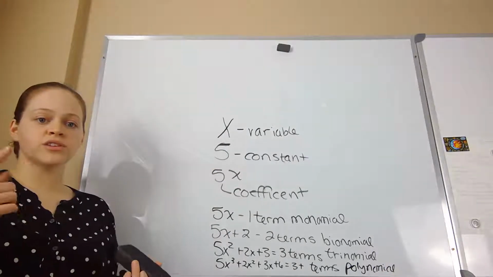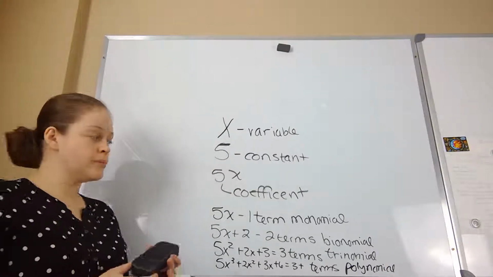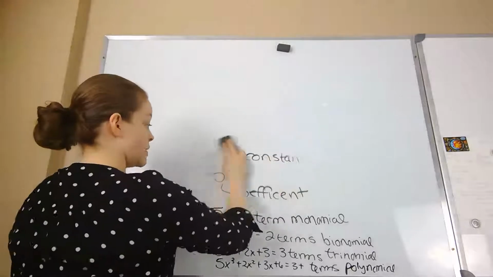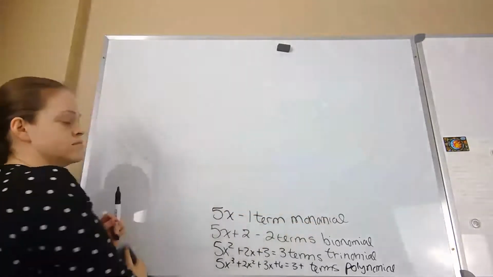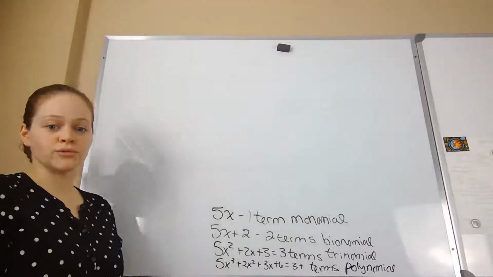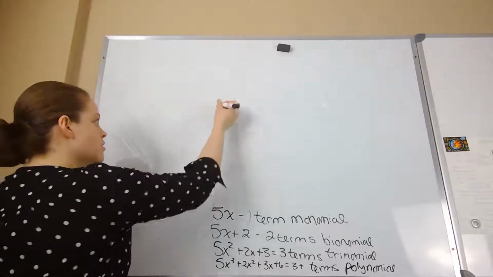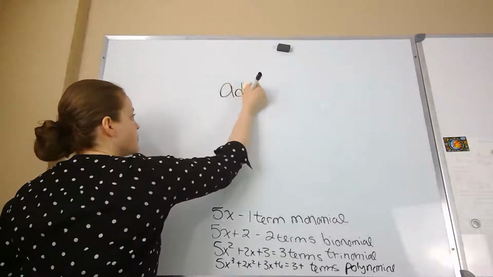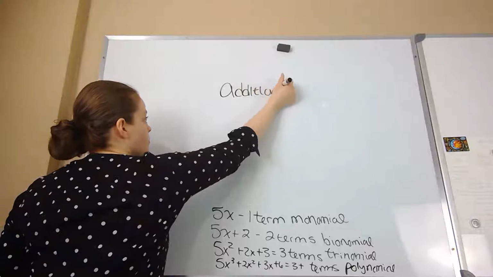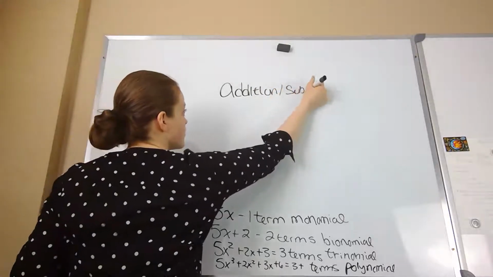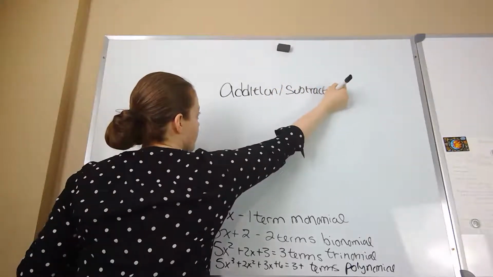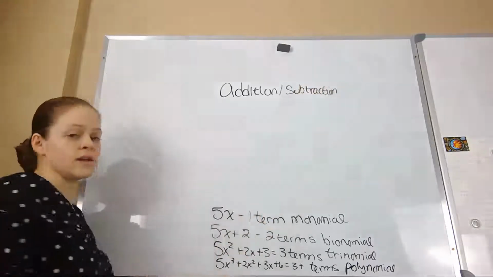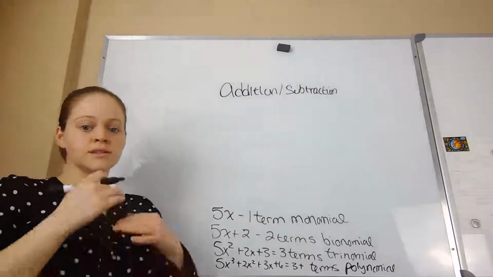Then you guys are going to go into addition and subtraction. Even if you haven't gotten to this chapter yet, it's coming, and it's good review and good notes. So when you do addition and subtraction, same rules.